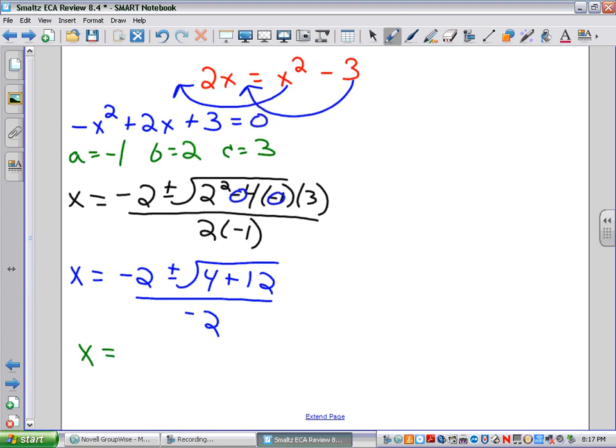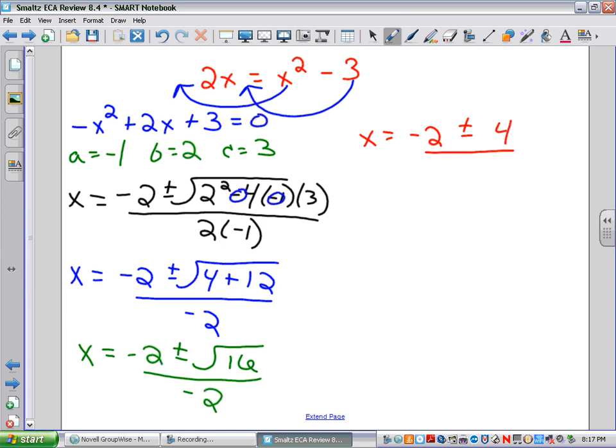So X is negative 2 plus or minus the square root of 16 over negative 2. And square root of 16 is 4, so I'm going to come over here to the right and put negative 2 plus minus 4 over negative 2.